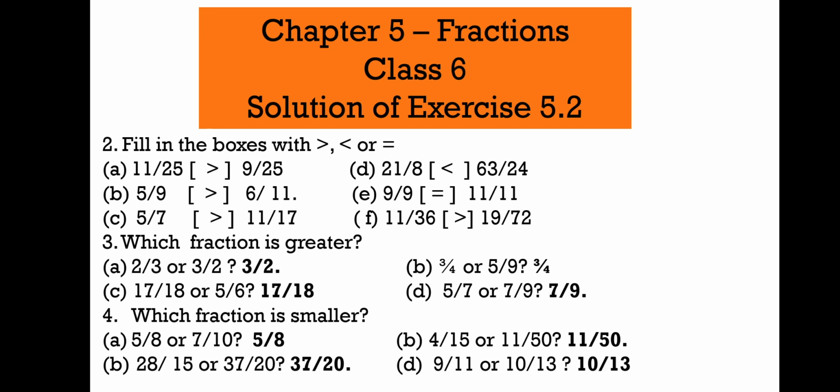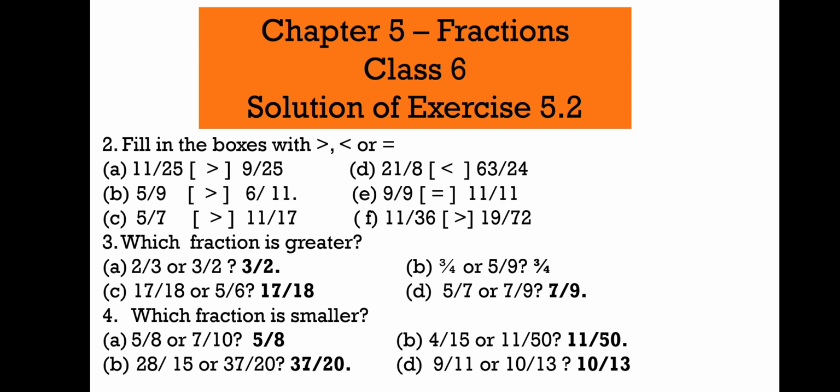But in the second case, 5 upon 9 and 6 upon 11. Now here the rule can be applied that the smaller the denominator, the greater is the fraction. And also, as we have done in the ratio chapter, we can compare that way also. 11 into 5 is 55 and 9 into 6 is 54.